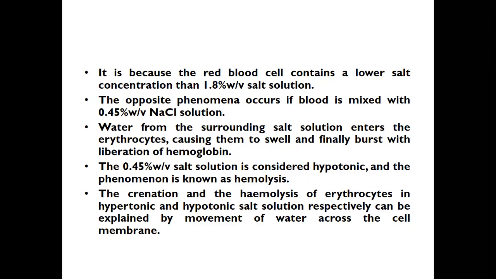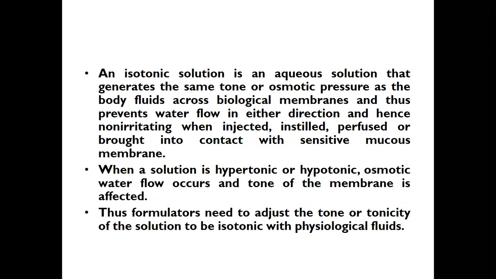The crenation and hemolysis of erythrocytes in hypertonic and hypotonic salt solution respectively can be explained by movement of water across the cell membrane due to the characteristic phenomenon of osmosis. An isotonic solution is an aqueous solution that generates the same tone or osmotic pressure as the body fluids across biological membranes and thus prevents water flow in either direction, and hence is non-irritating when injected, instilled, perfused, or brought into contact with sensitive mucous membranes.